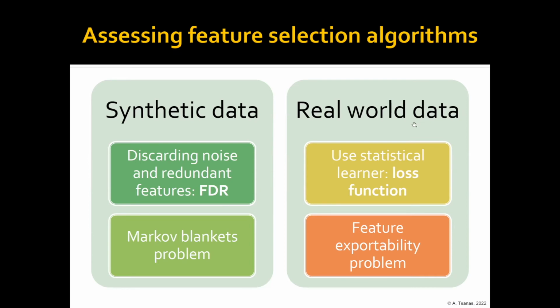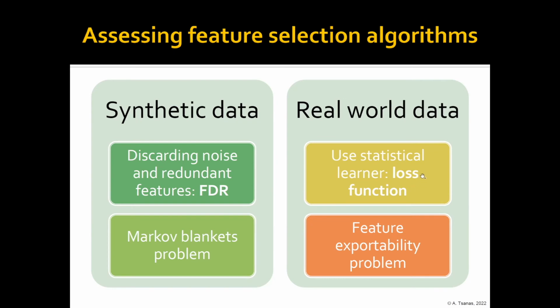The second case is real world data. In that case, you do not really know which of the features truly correspond to predicting the outcome, and that is when you have to invoke a statistical learner. As you invoke a statistical learner, you must have a loss function where you assess the accuracy or mean absolute error, whatever you choose to use.